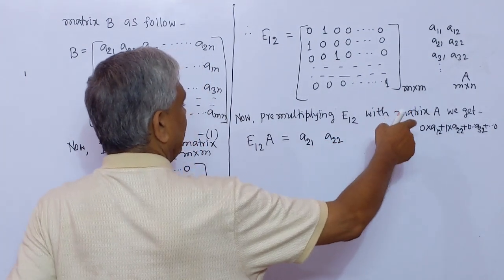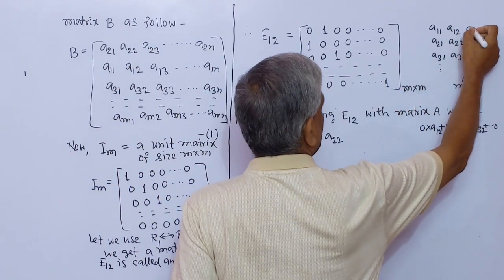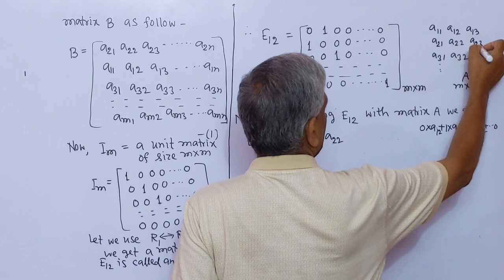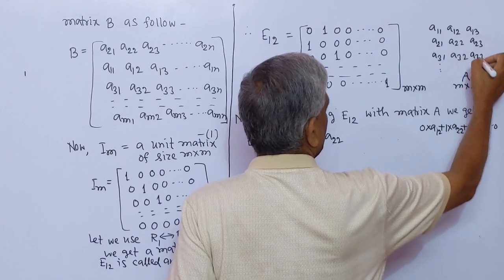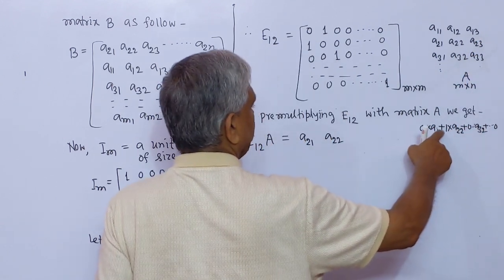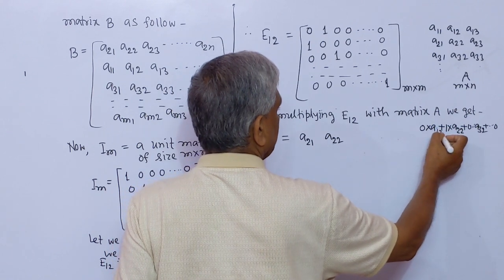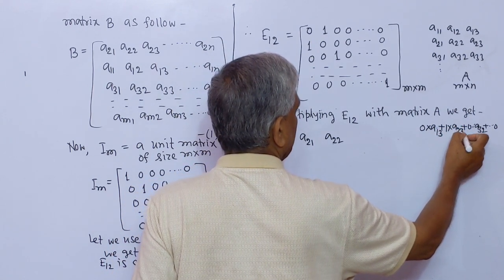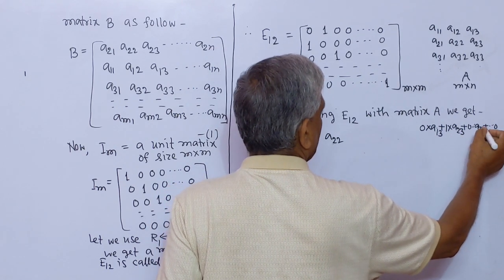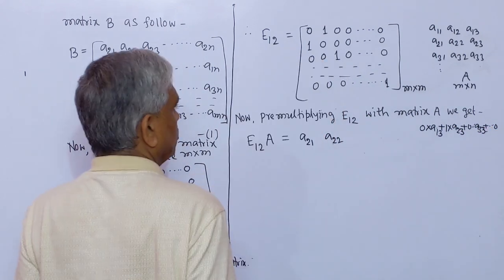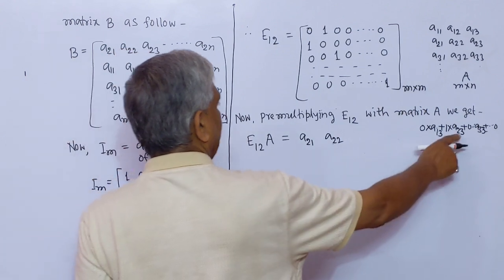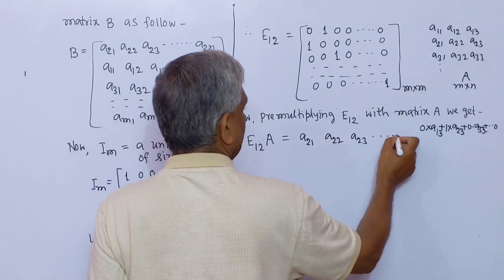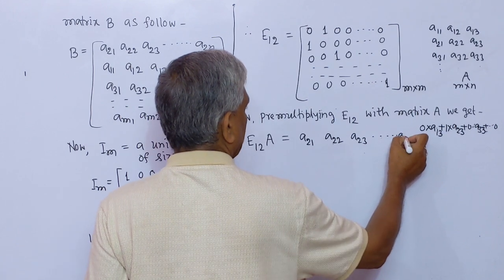Now first row, third column is A13, A23, A33. So in place of A12 we write A13, in place of A22 we write A23, here A33. So remains A23. And similarly A2n.